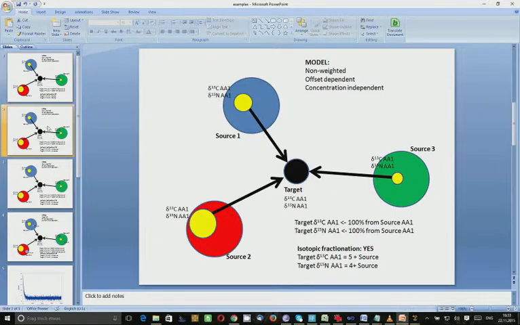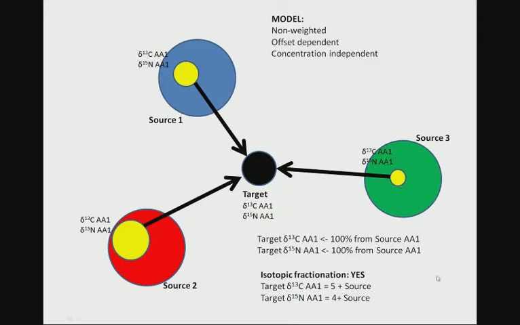Now let's change this here. So it's the same problem as before, the same question, the contribution of each amino acid, but now there's isotopic fractionation occurring for each target isotopic proxy relative to the source. And I put here random numbers.